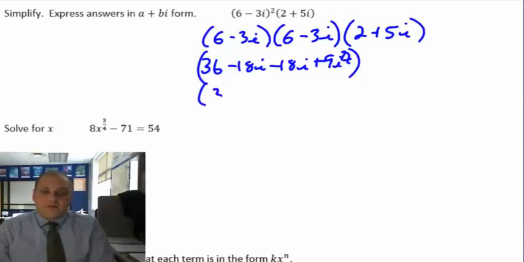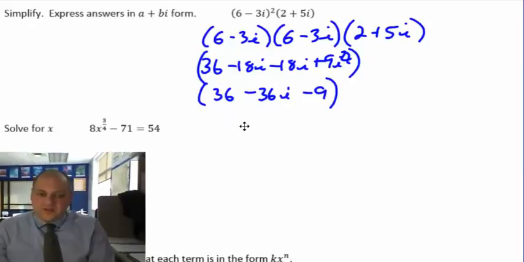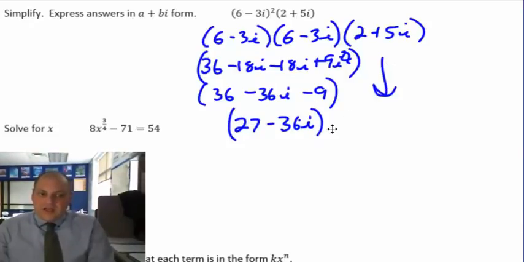Let me just write this out. So that's going to be 36, and then i squared is -1. 36 is going to be minus 36i, and then 9 times -1 is -9. 36 minus 9 is 27. So 27 minus 36i. And that gets multiplied by 2 plus 5i.